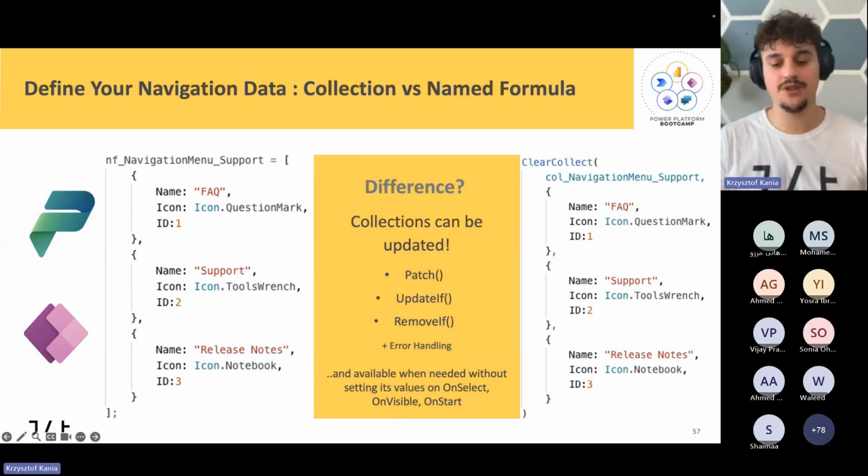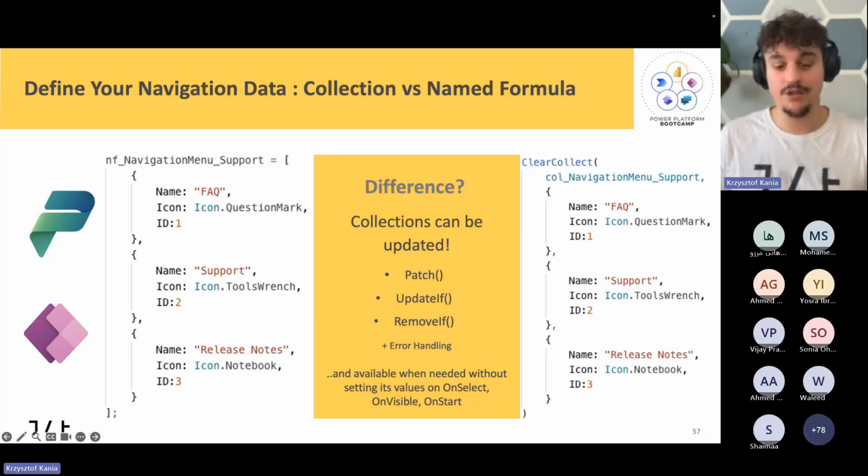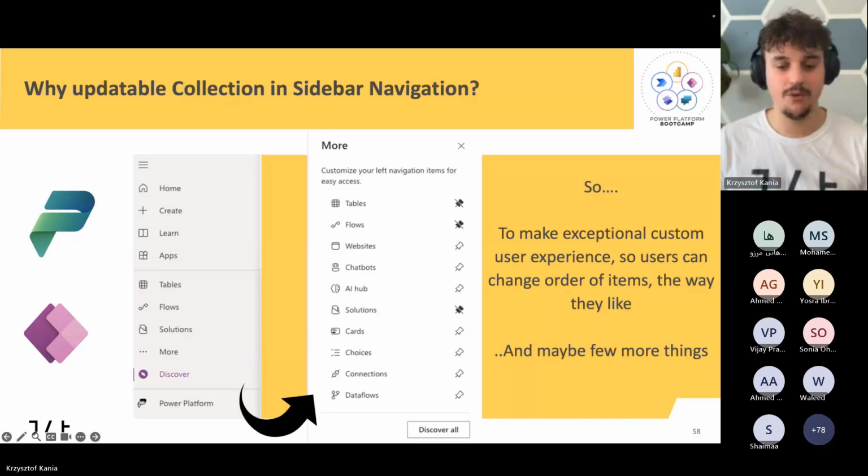So we can use Patch, UpdateIf, RemoveIf, and we can do error handling. The values of named formulas are immutable, so we cannot do anything about them pretty much. But if our requirement is to have an updatable sidebar navigation, then you have to always remember that it has to be defined on select, visible, or on start. Somewhere you have to create that collection. Okay.